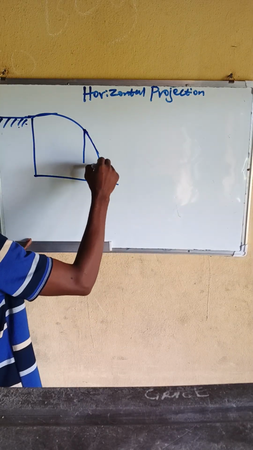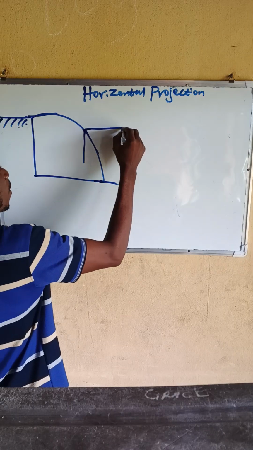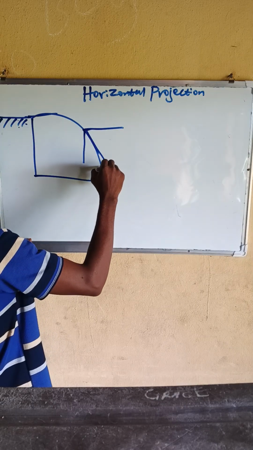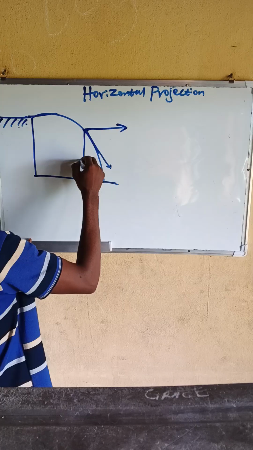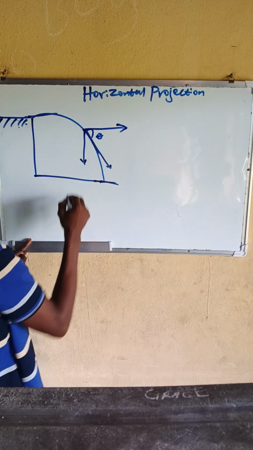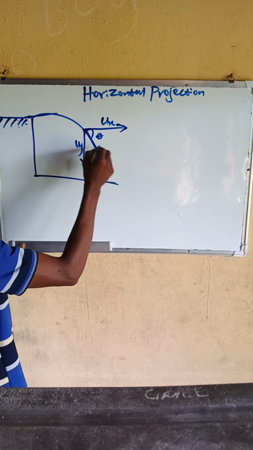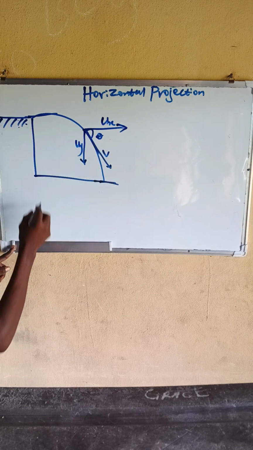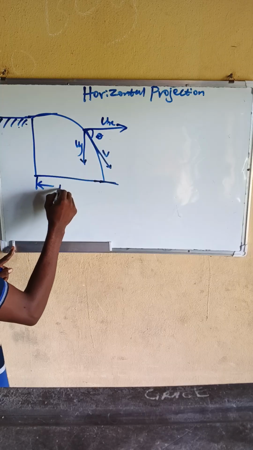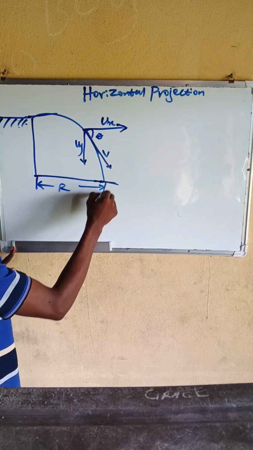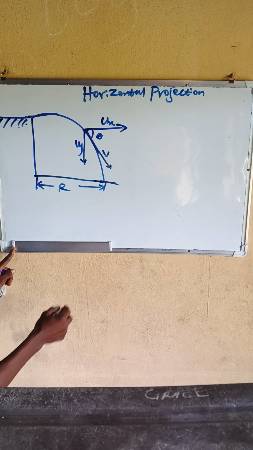This is the motion of the body. So this place is the angle, and this is ux, this is uy, and this is v. From here to here is the horizontal distance.